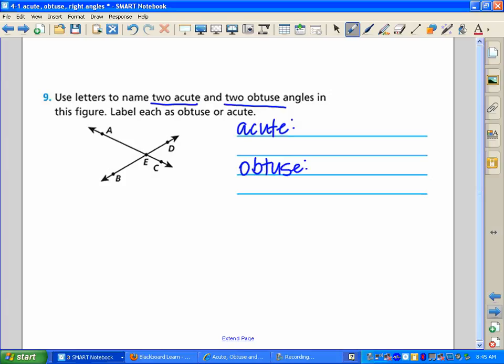Write these on your line as well so that we know which ones we're doing are acute, which ones are obtuse.